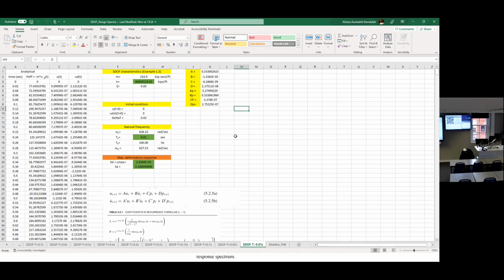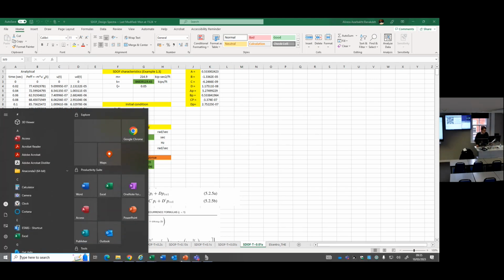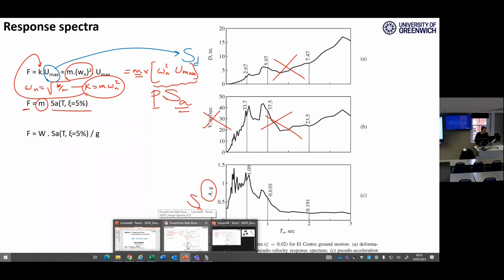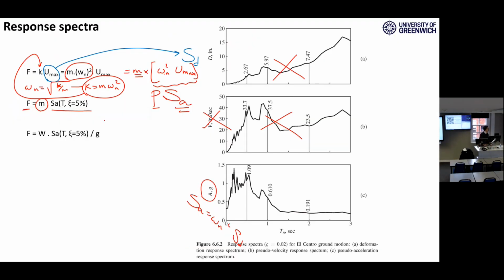And for this Tn, I calculated the corresponding stiffness with this simple formula. If you have Tn, it's 2 pi over omega n, right? Omega n is square root of k over m, okay? If this is 0.01, then you have your mass, so calculate k.